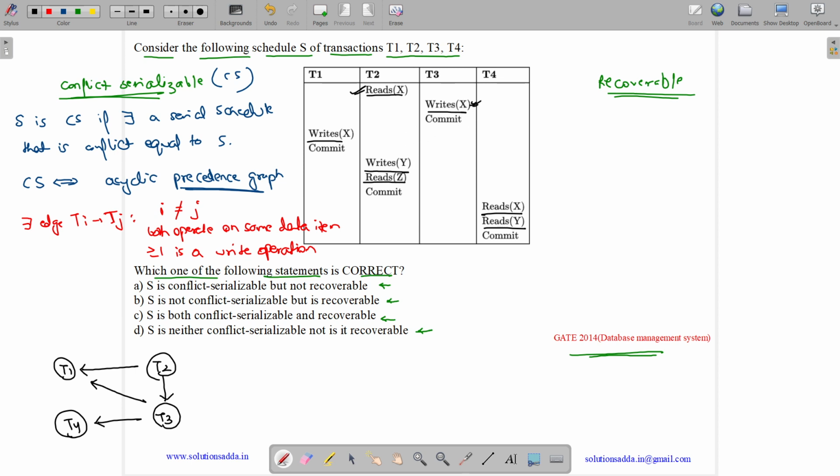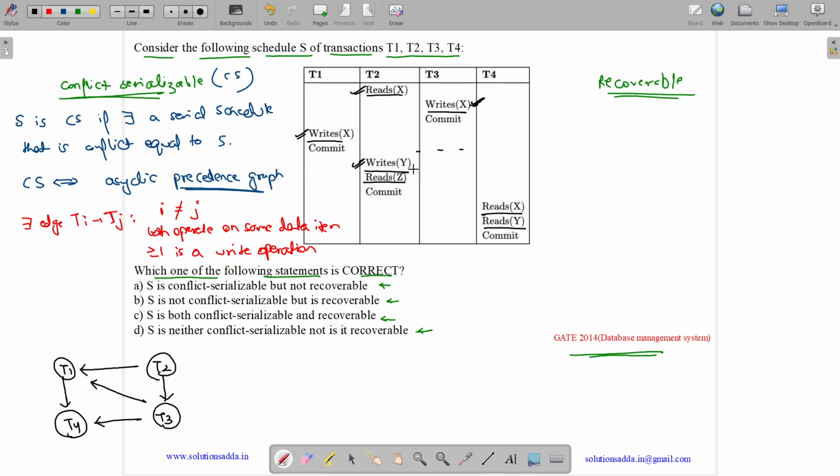So this is done. Now let us do write of X. We need to see all the transactions after this. For T3 there is no transaction after this point. Here we have write and read. So T1 to T4 will be there.